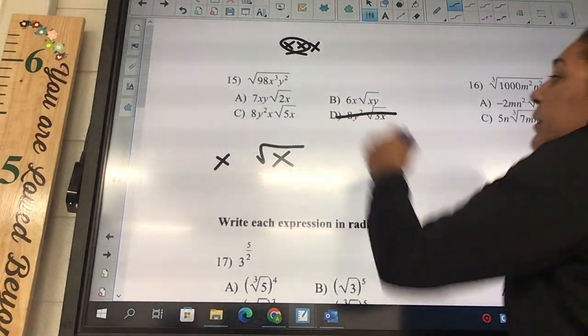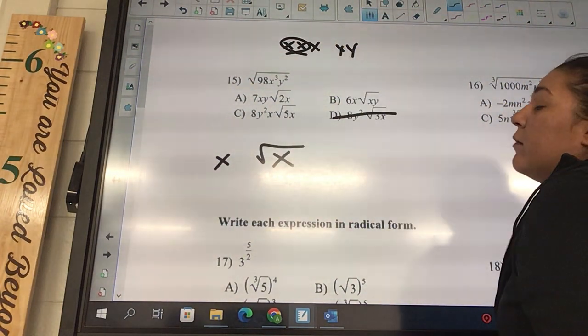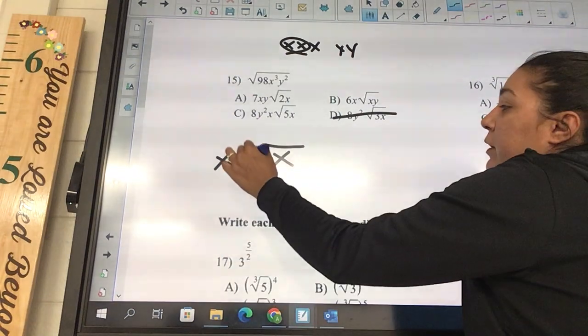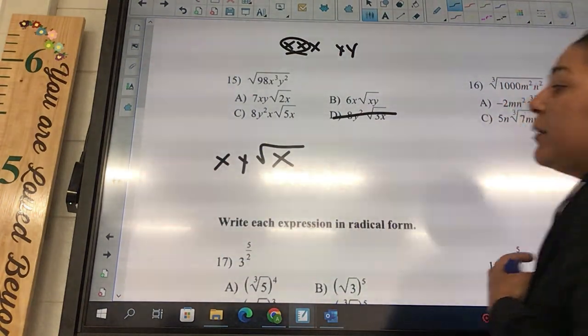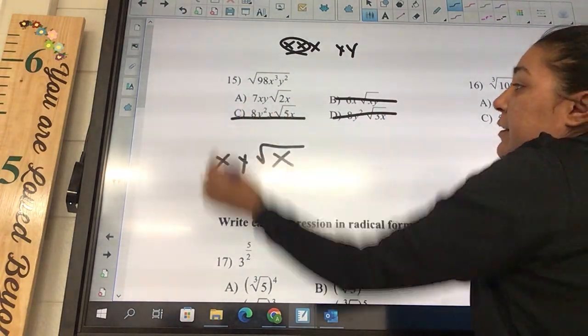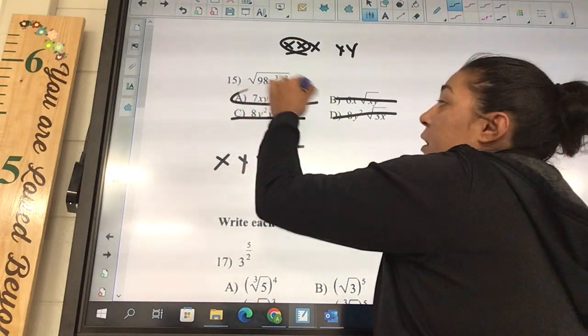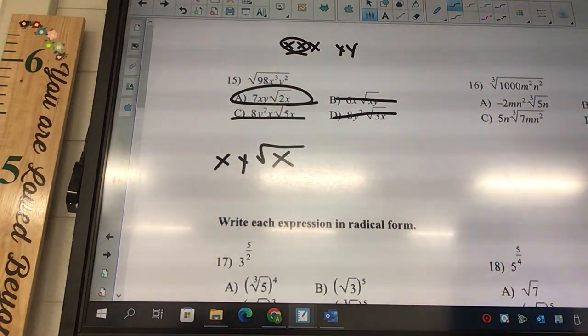D, for sure. How many Y's are there? 2. So how many of those can go? One's going to go on the outside. So what can you eliminate? C and B. So did we even have to do the number? No. You can do the number or you can do the letter, but most of the time they're going to be able to tell you what's what.